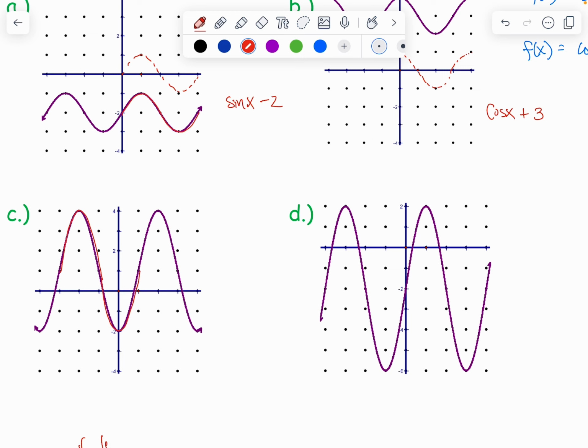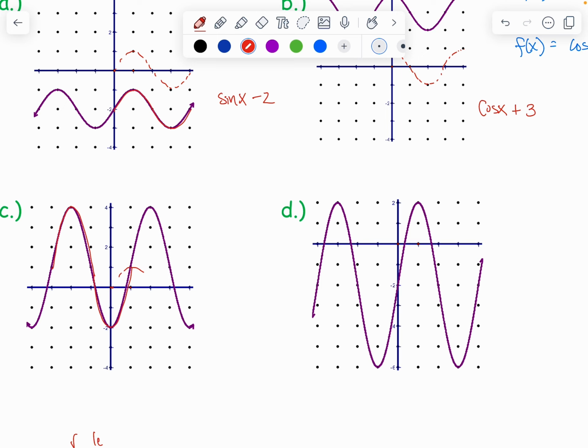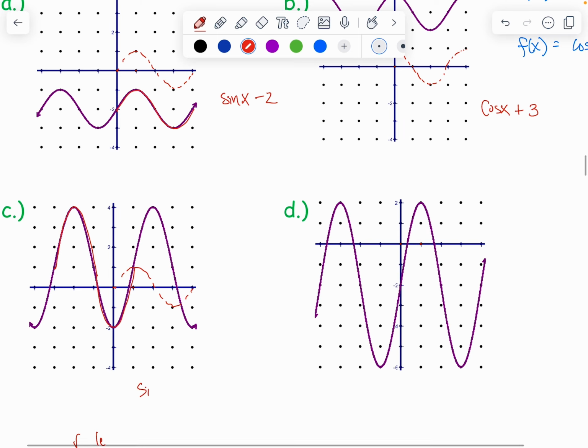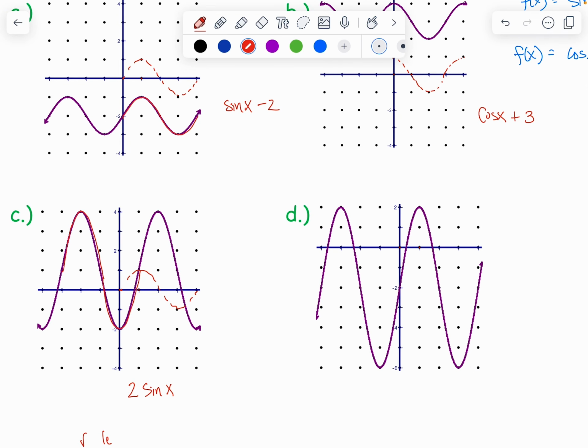Okay, now what I'm seeing is a basic sine curve, right? So the sine of x, that's been stretched by a factor of 2, moved up 1.